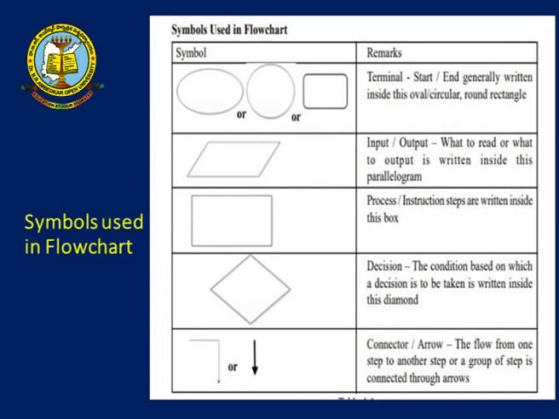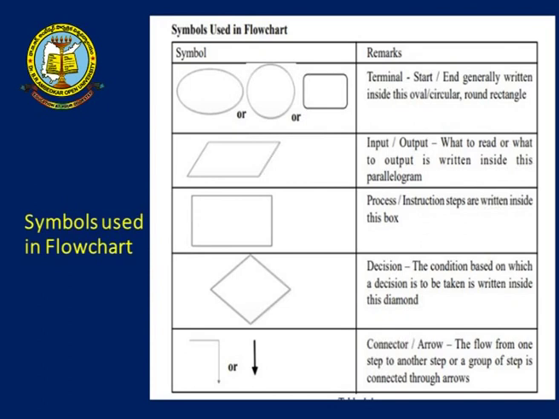The symbols used in a flow chart: for the start and the terminal things that we have written in start and stop, we have to use the closed circular rectangle as the symbol.